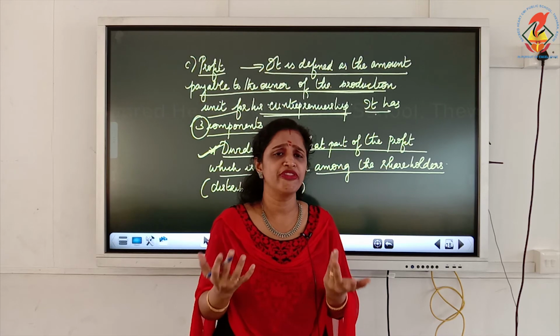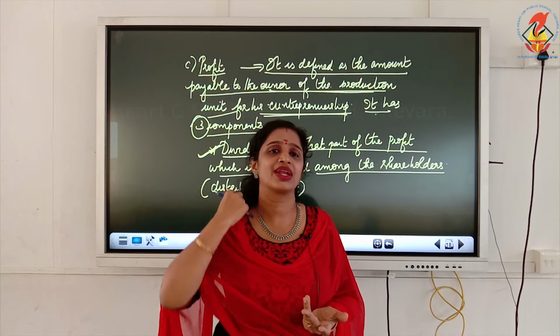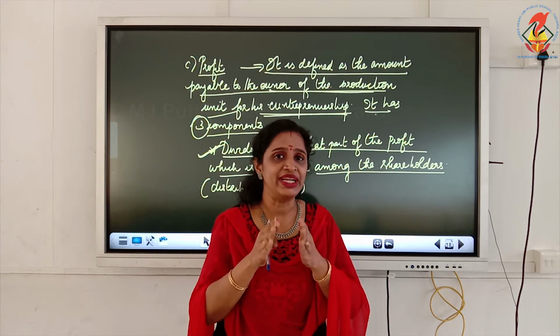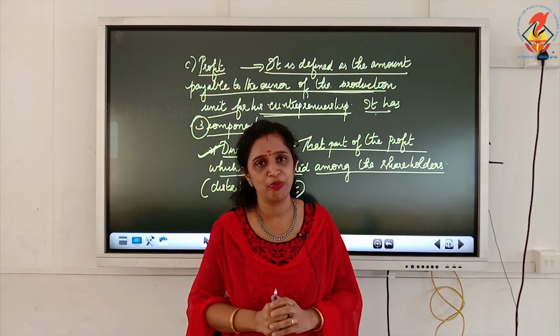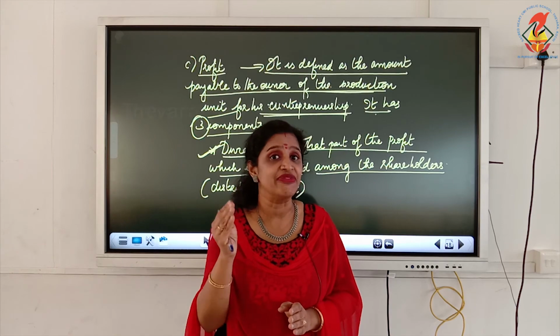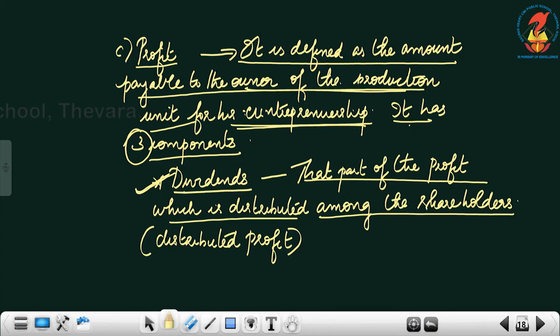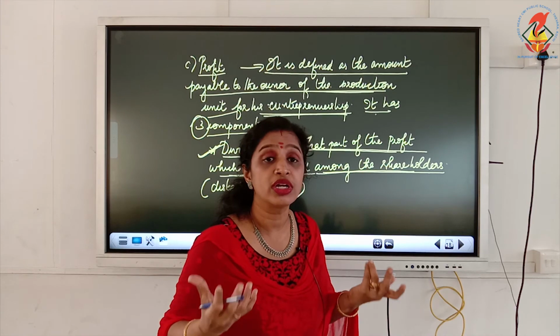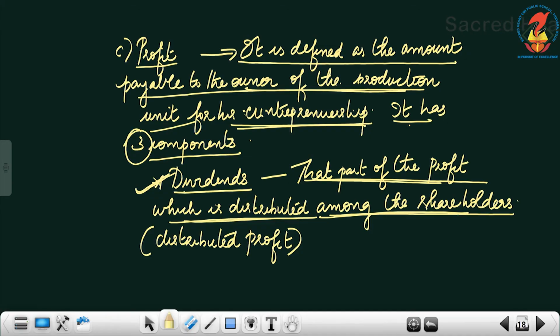For example, if 3 or 4 people are running an organization, the profit will be divided among these 3 or 4 people, isn't it? That is known as distributed profit or dividend. So, what is the definition of dividend? That part of the profit which is distributed among the shareholders is known as dividend or distributed profit.